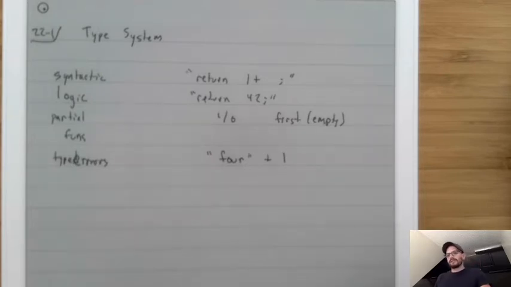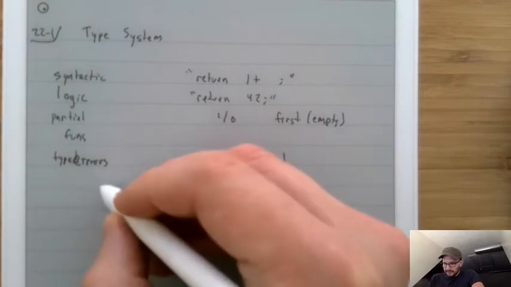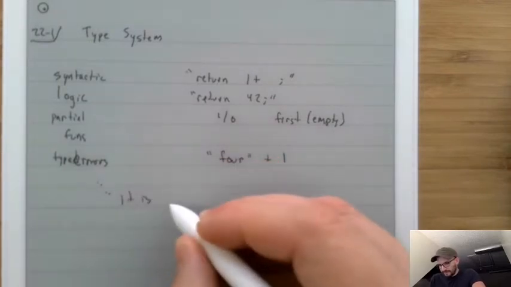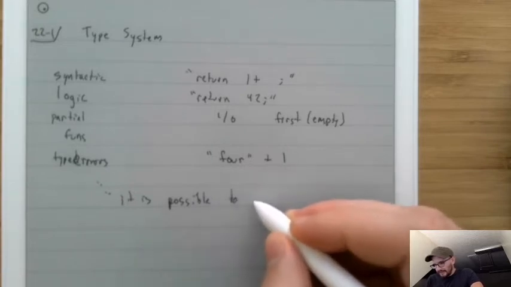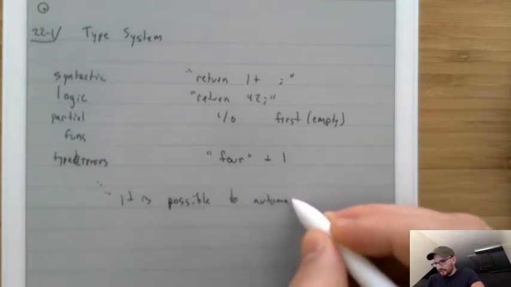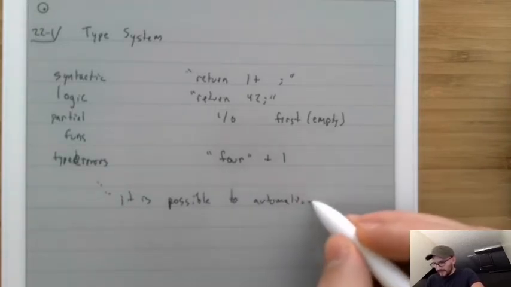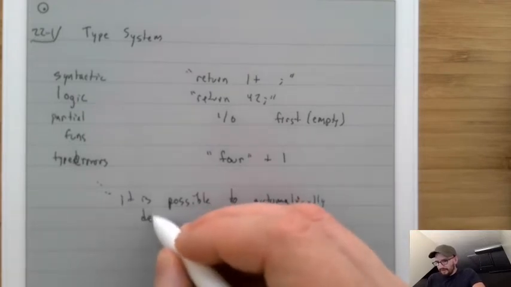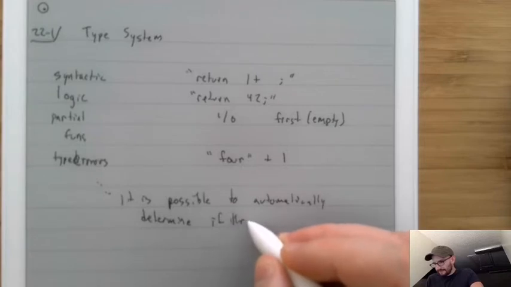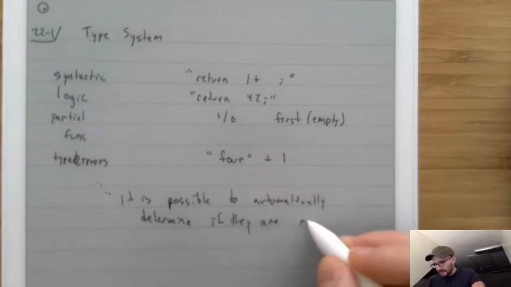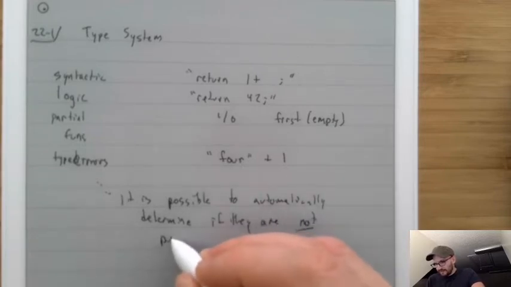In practice, the reason that they're special is basically because it is possible to automatically determine if they are not present.